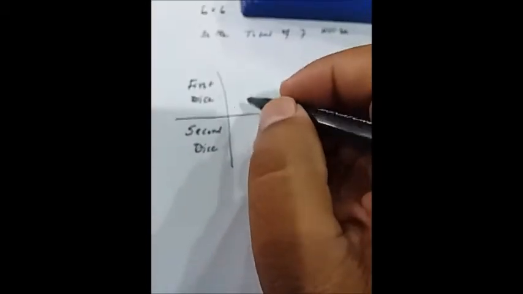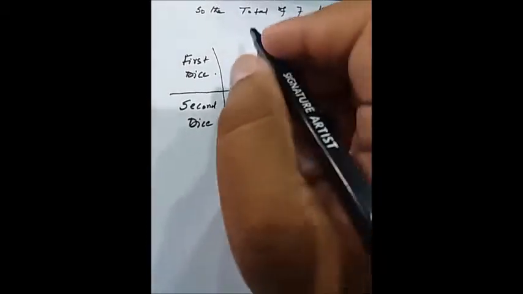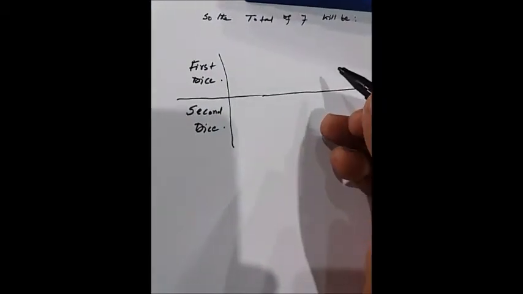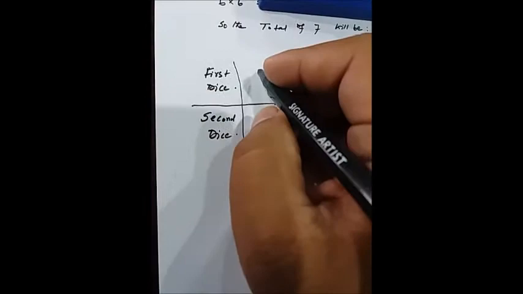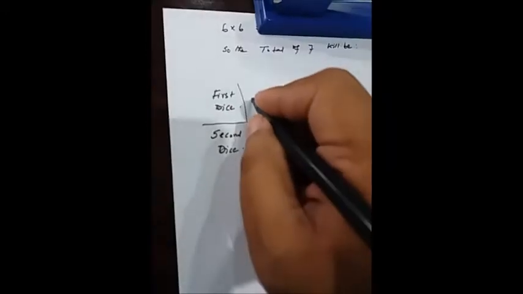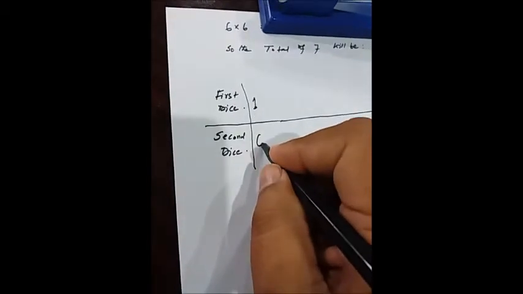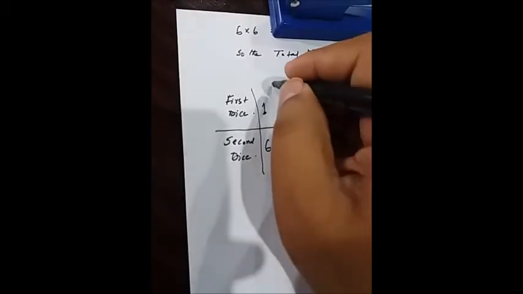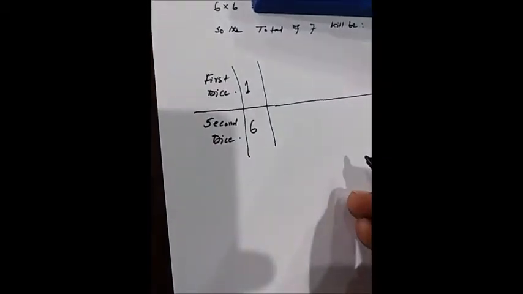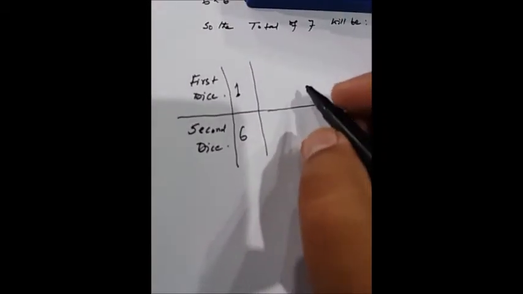So there is a possibility when we are rolling the two six-sided cubic dice together. When the first die rolls 1 and the second die rolls 6, we can obtain 7. When the first die rolls 1 and the second die rolls 6, the sum of these two dice will be 7.